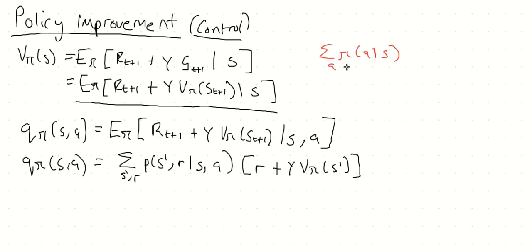The reason we were doing this is because the policy has the possibility of being a probability distribution whereby we might take a given action with a certain probability or another action with a different probability. But here we don't have this term because we already know which action we're going to take. It's represented in Q of s, a. So there is no probability distribution over the action space anymore. We're just looking at the value of that action, right? So we don't need it anymore in this scenario.